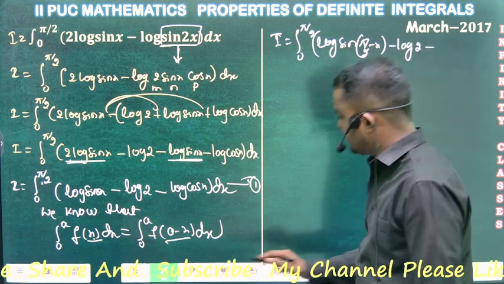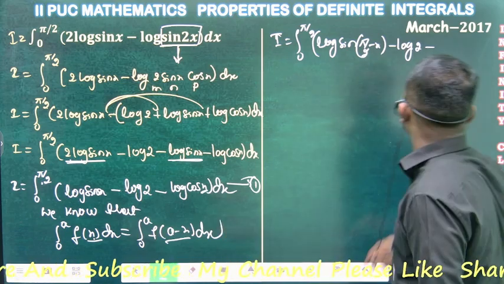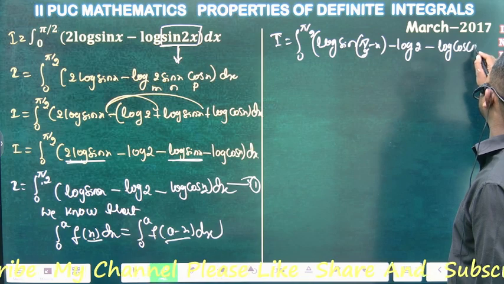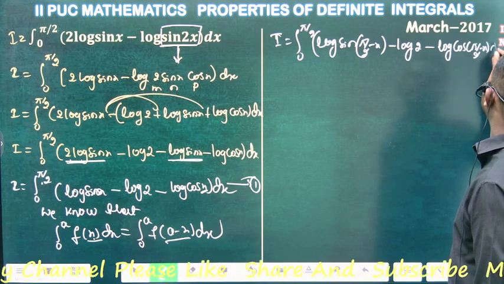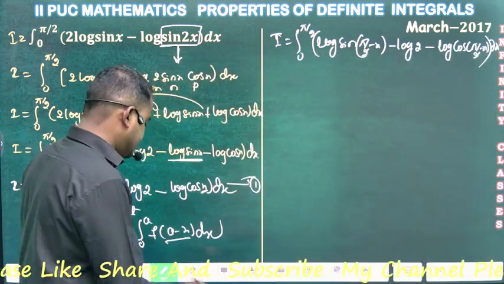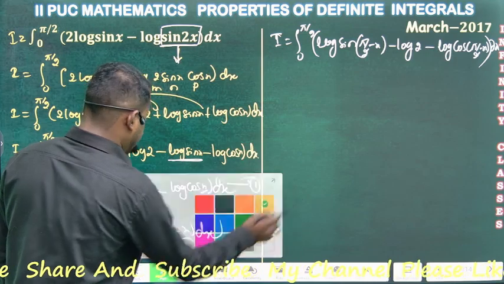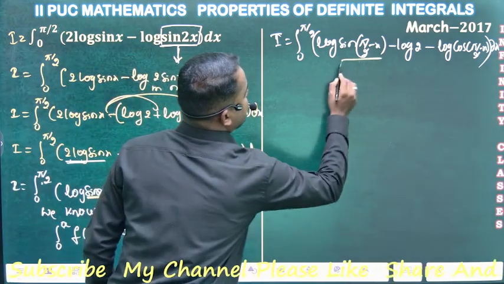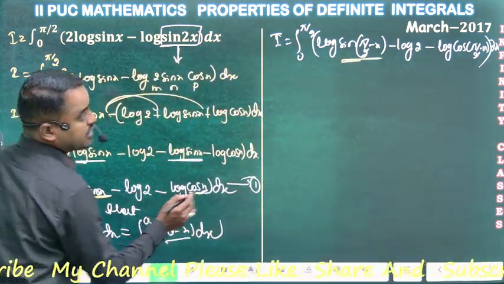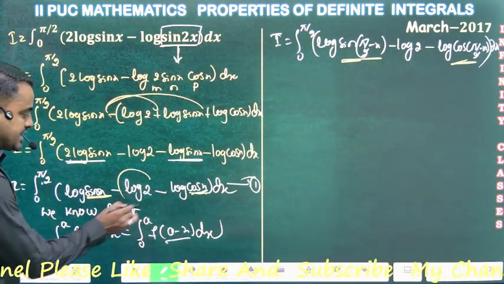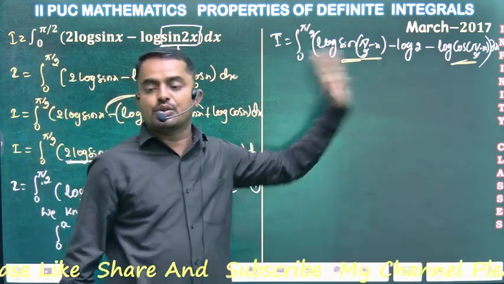Then minus, here cos x will become cos of 90 minus x, dx. So here we are applying the property for this step. Sin x will become sin 90 minus x, and cos x will become cos 90 minus x. Log 2 is as it is, minus log 2 as it is.